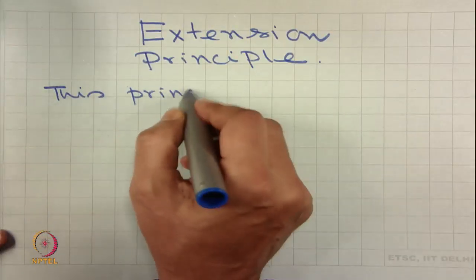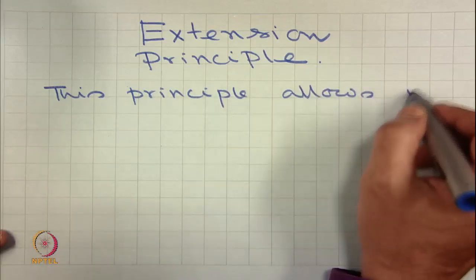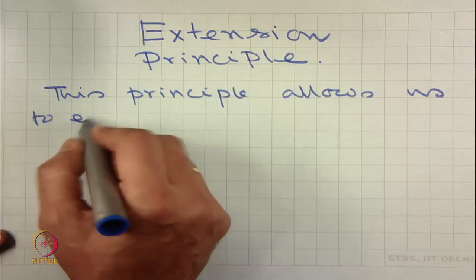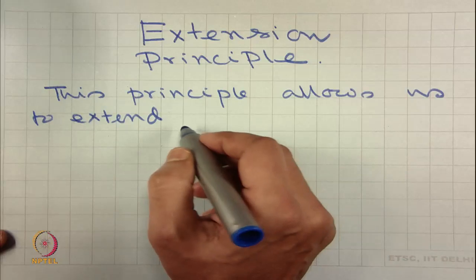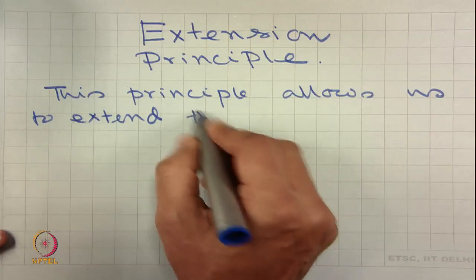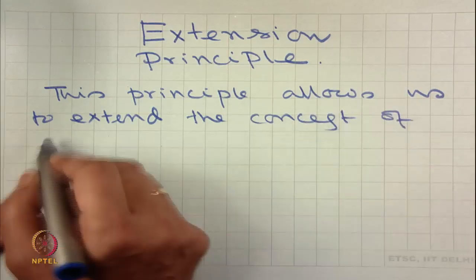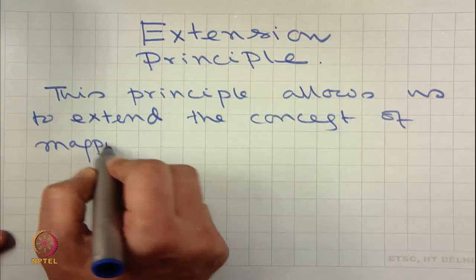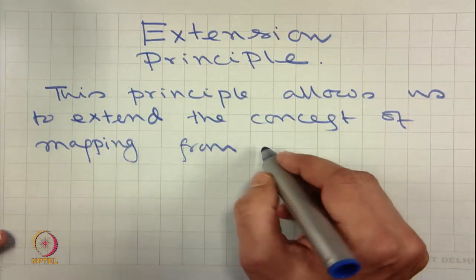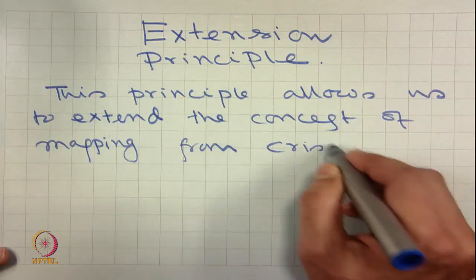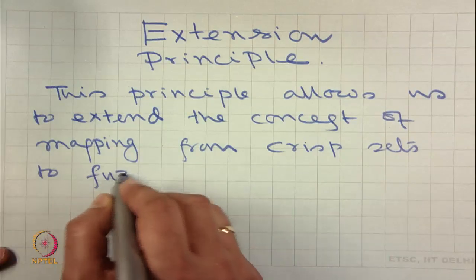This principle allows us to extend the concept of mapping from crisp sets to fuzzy sets.